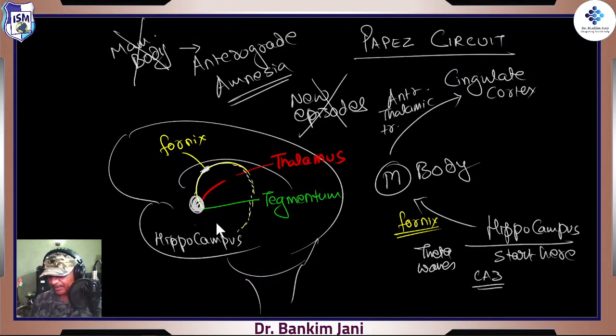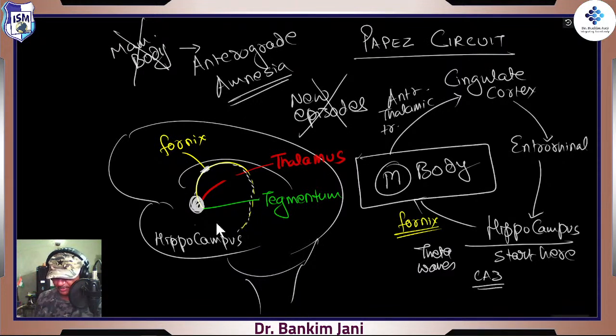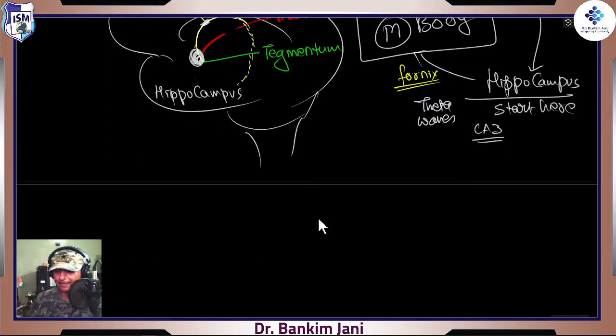Then from there it goes to one more, called the entorhinal cortex, and then it lands back into the hippocampus, thus enhancing the memory, right? Because the mammillary body is one of the important components, if anything goes wrong, it will stop the registration of new memories.